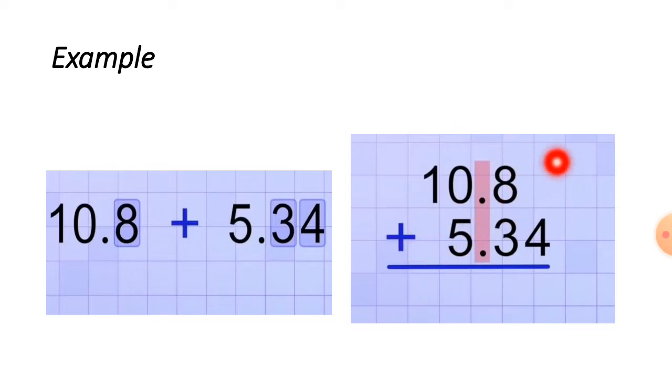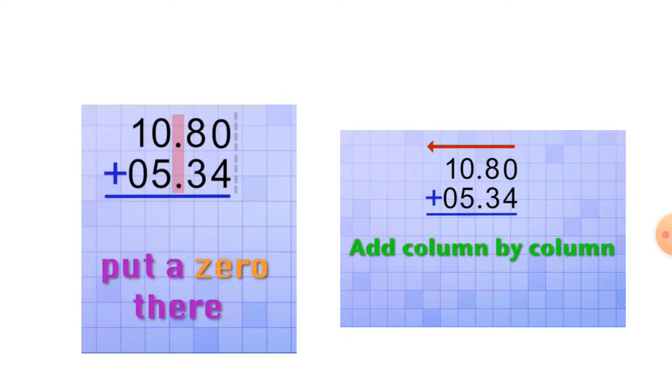So what we have to do in the two places where the digits are missing is put 0 there. You can see that in the missing places we have put 0, so it becomes 10.80 and 05.34. Now all the places are filled with digits.